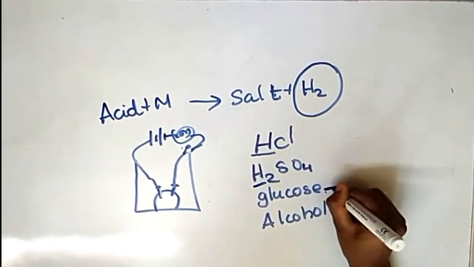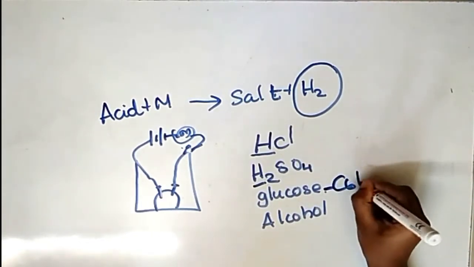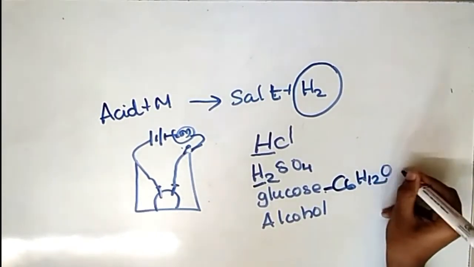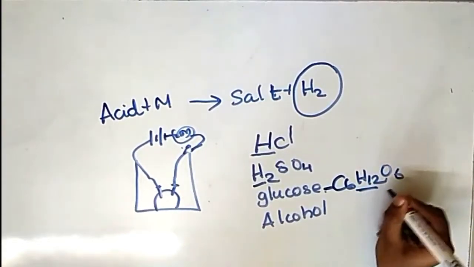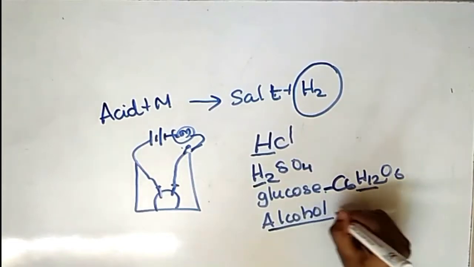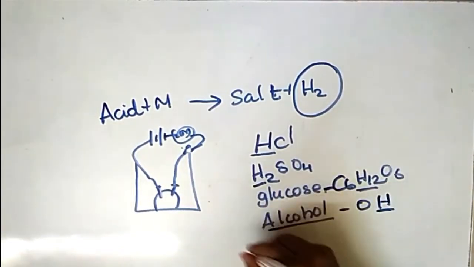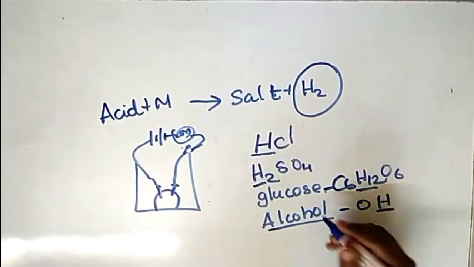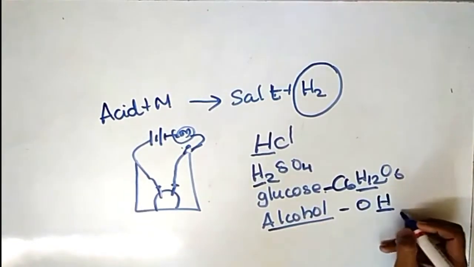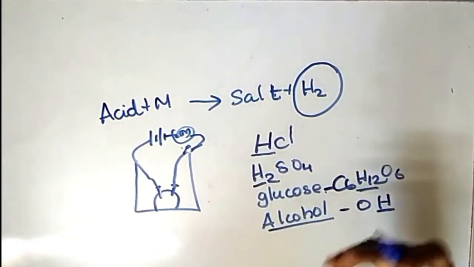The chemical formula for glucose is C6H12O6, so we also have hydrogen here. Alcohols, as we study in organic chemistry, are substances that have an OH group, so that is hydrogen. We will study alcohols in detail in the next chapters. So all these substances have hydrogen.